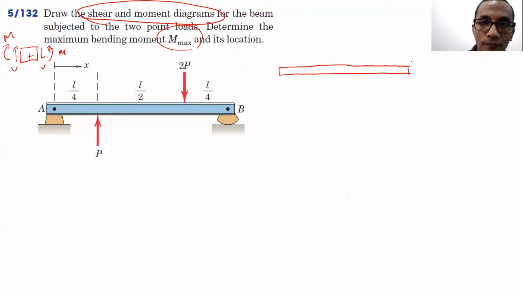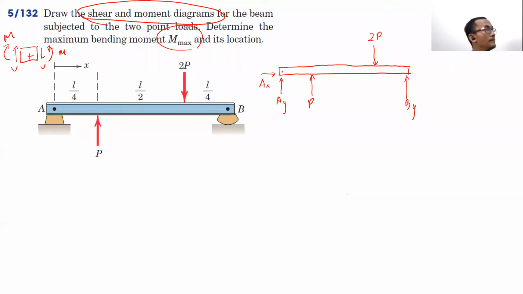So for the free body diagram here, we have P here, 2P here, and at here we have AY, AX, and then we have BY here.